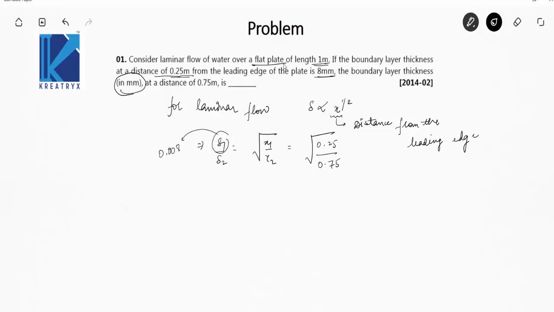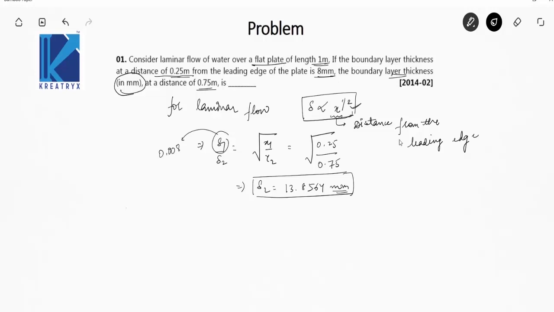So solve this, you'll get delta 2, that is the boundary layer thickness at a distance of 0.75 meters from the leading edge, as 13.8564 mm. This relation is quite important.